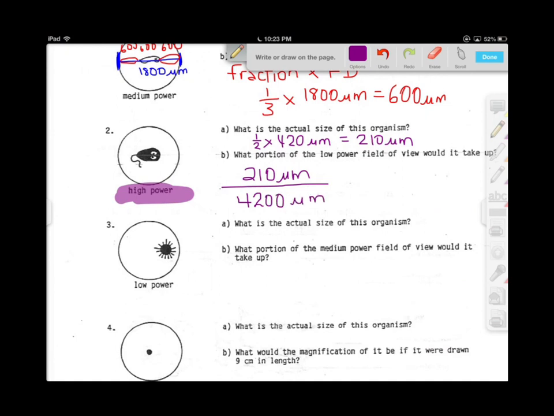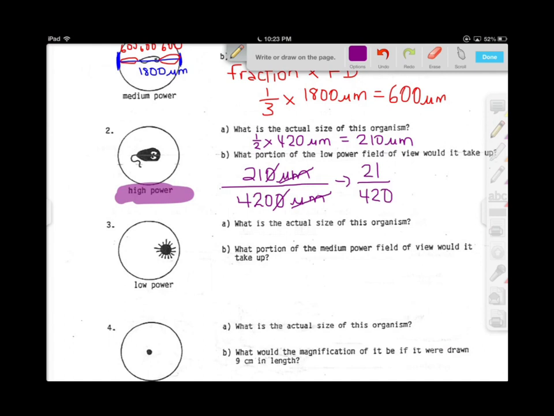Okay, so how much of that is he going to take up? Well, if you haven't done this before, these units will cancel. You don't really need them. You can cancel the 0 above and below. And this simplifies to 21 over 420.